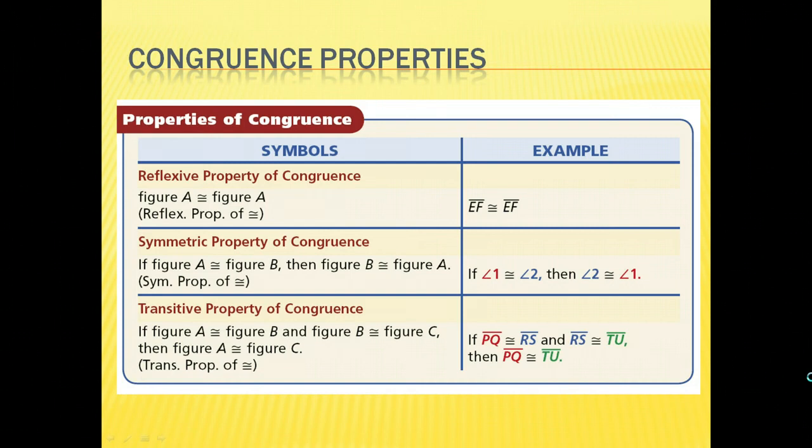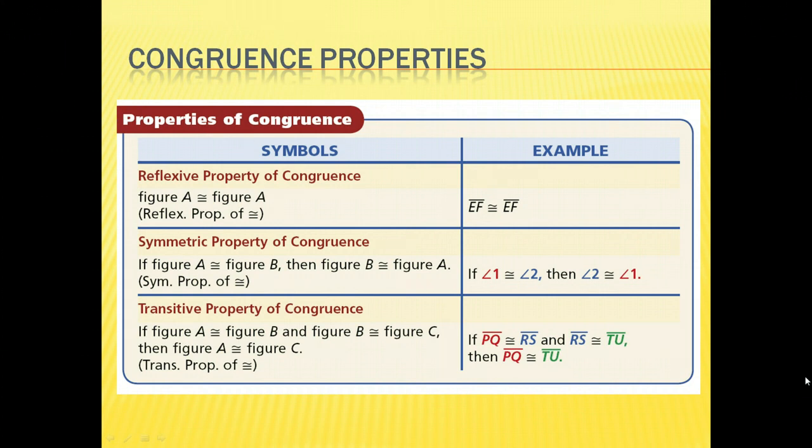You have the reflexive property of congruence. Figure A is congruent to figure A; any figure is congruent to itself. Any segment is congruent to itself. Symmetric property of congruence: if figure A is congruent to figure B, then figure B is congruent to figure A, in both orders.